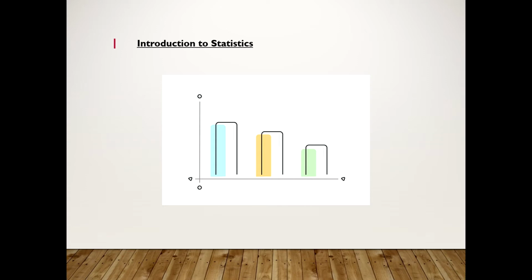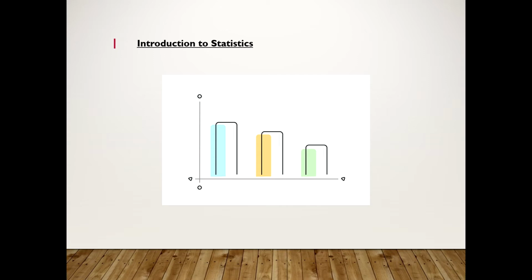It's a mathematical body of science that pertains to the collection, analysis, interpretation or explanation, and presentation of data. So we are just looking to present data as a branch of mathematics. Some people consider statistics to be a distinct mathematical science rather than a branch of mathematics.